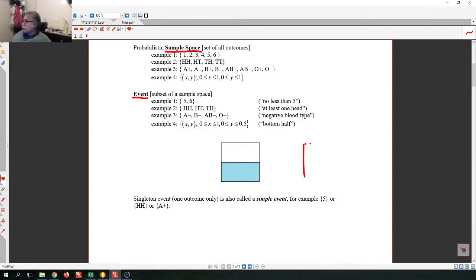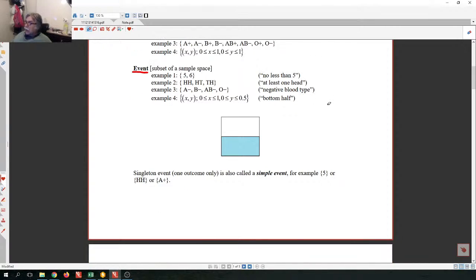For example, we could use, I don't know, this wiggle, right? That could also be an event, a subset that has points. There are points in this wiggle, so that would also be an event. Anything. So you can see you have lots of events you can have from a sample space. Any subset of stuff that is in the sample space is called an event.